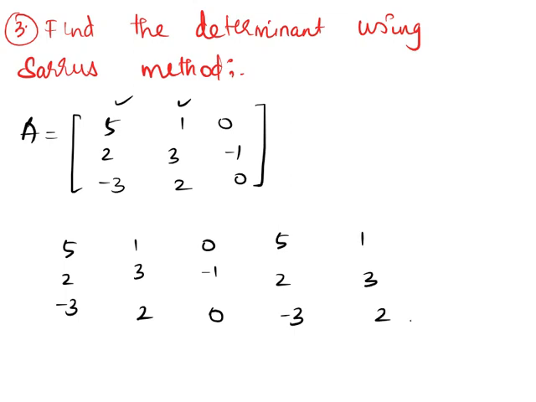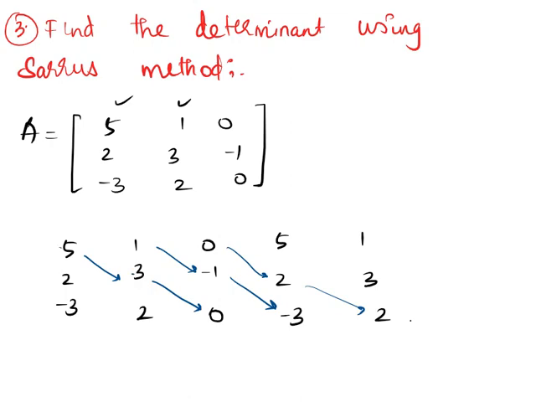So now what we are going to do is find the sum of these values, that is here the first one, this is the second one, and we have this value. So this row just multiply this.